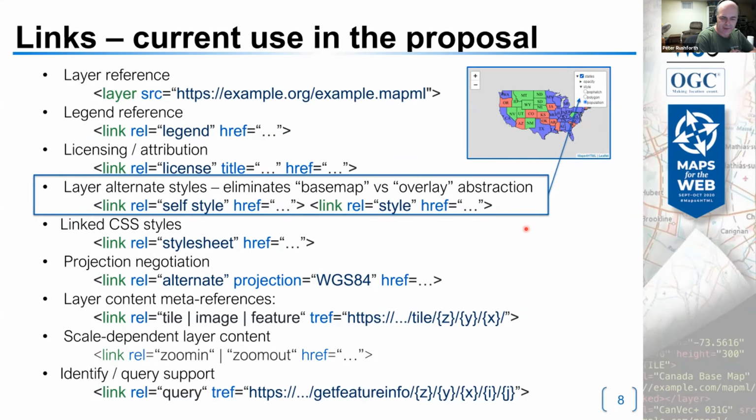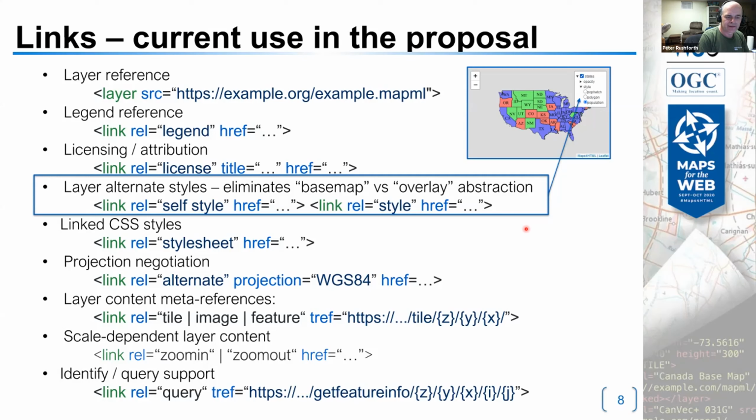So part of the proposal is also to implement alternate styles, as defined by named styles in the WMS specification, and this would be done by a series of alternate links that would be characterized by the style rel.